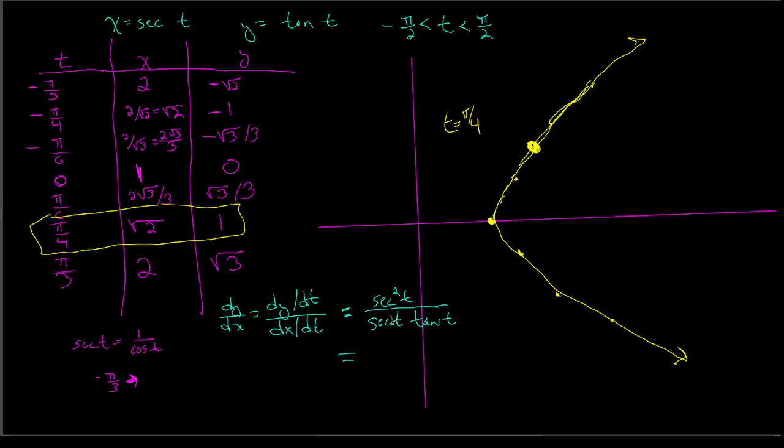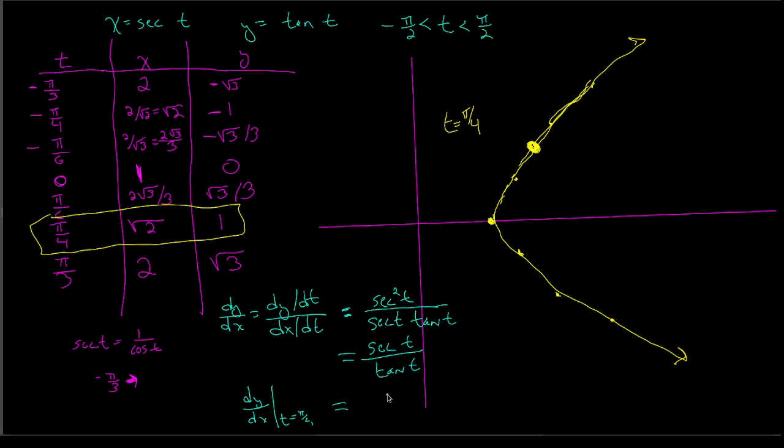We'll get a cancellation here, so we'll get secant of t over tangent of t as our slope, and we'll want to evaluate the slope at t equals pi over 4.